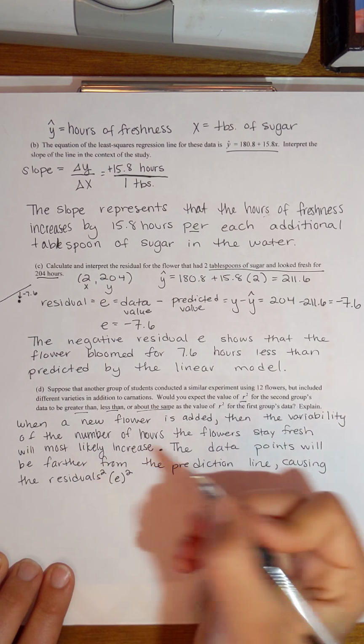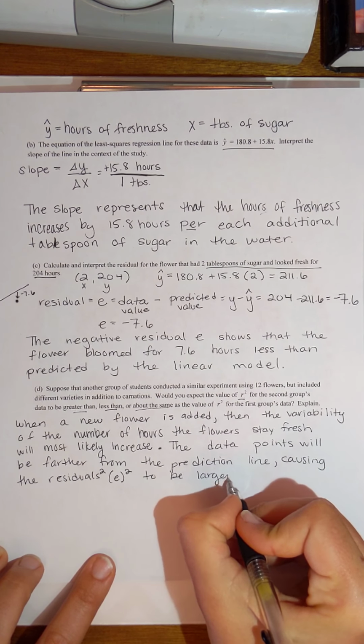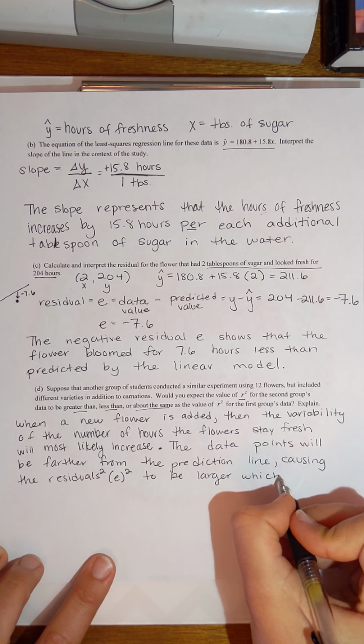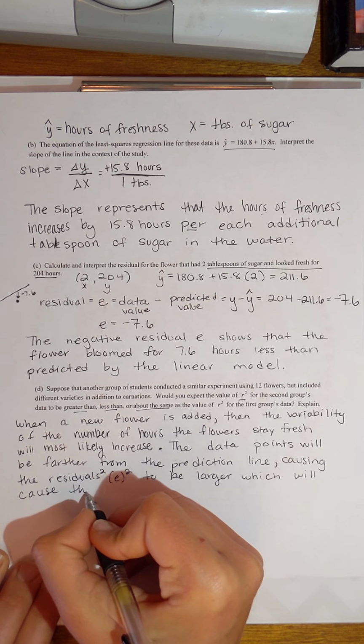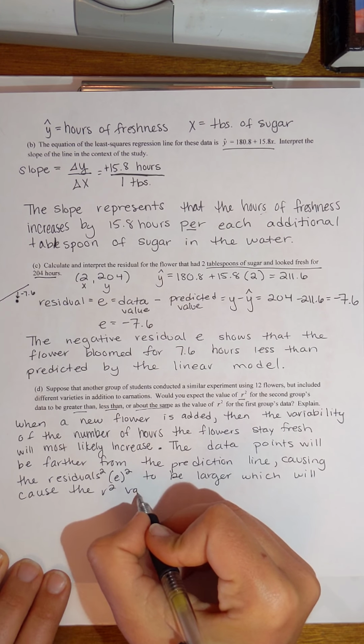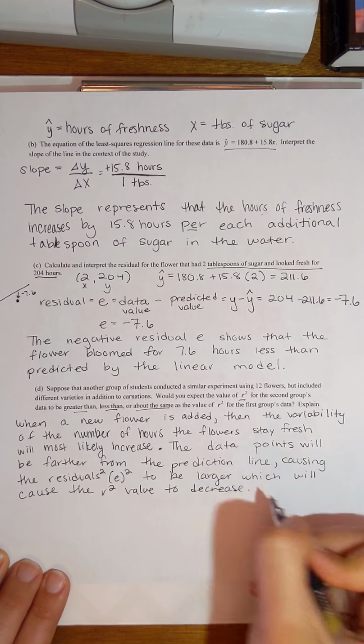If we square it, to be larger, which will cause the R squared value to decrease. So that's one thing you could say.